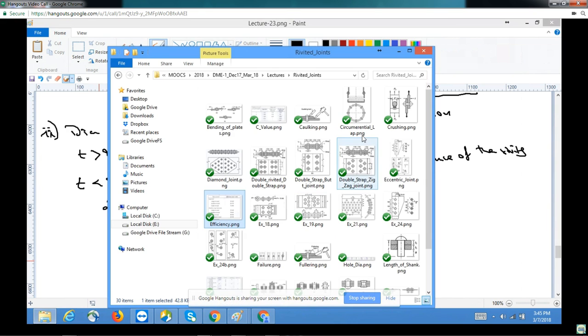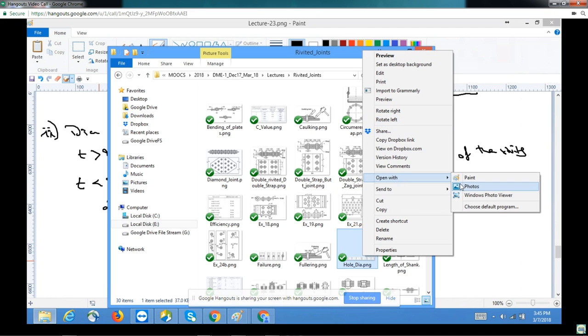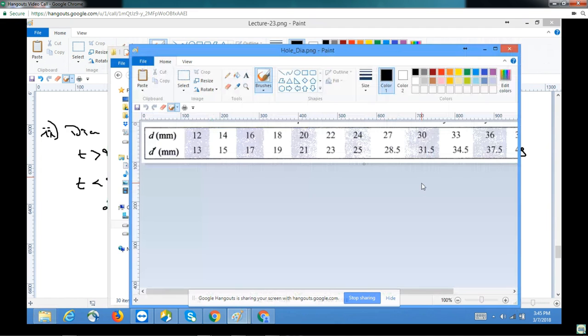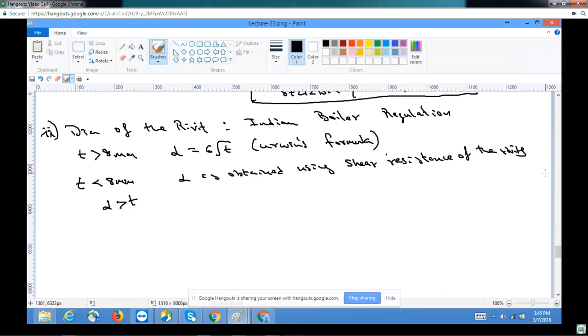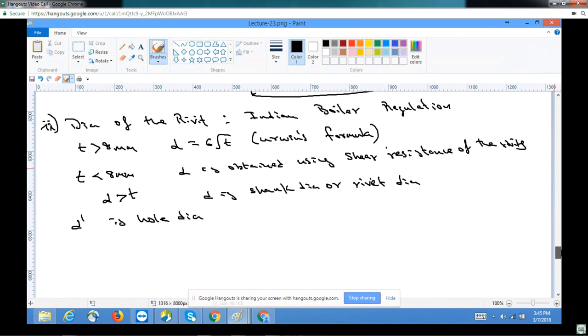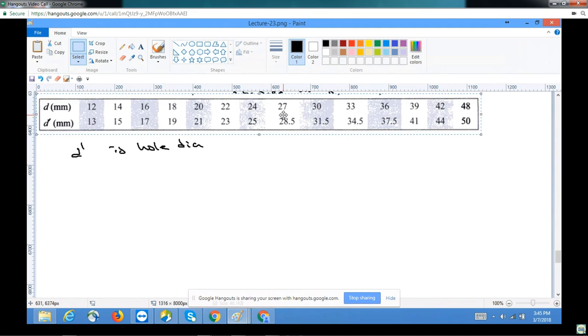So hole dia: D dash is hole dia, D is shank dia, or simply rivet diameter. So the relation should be these things.